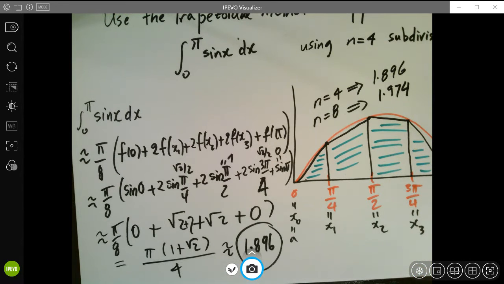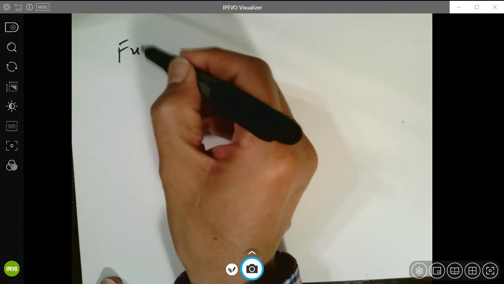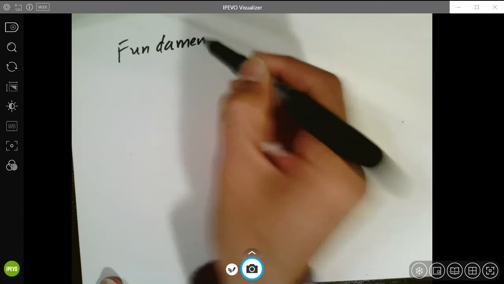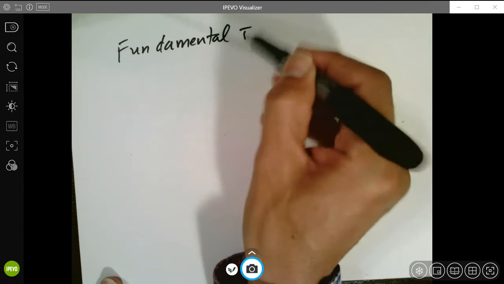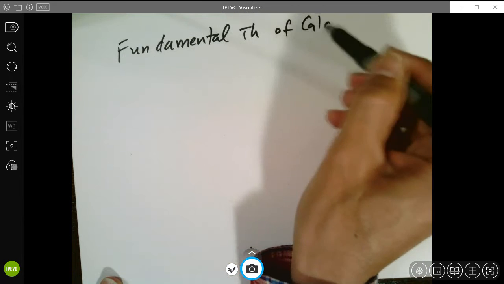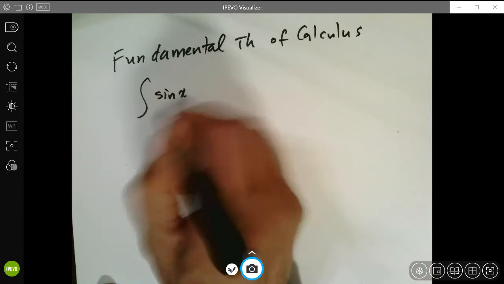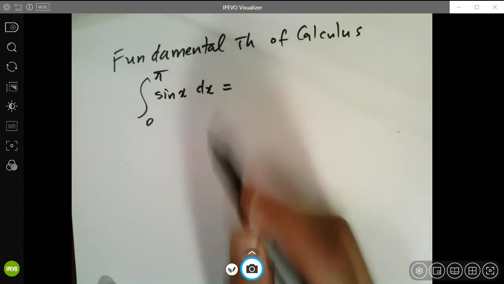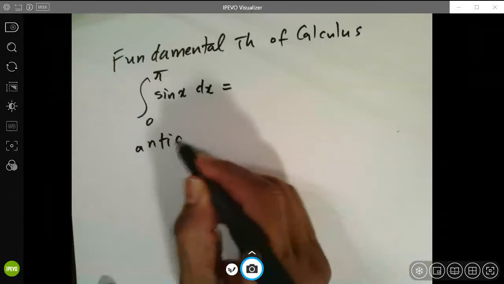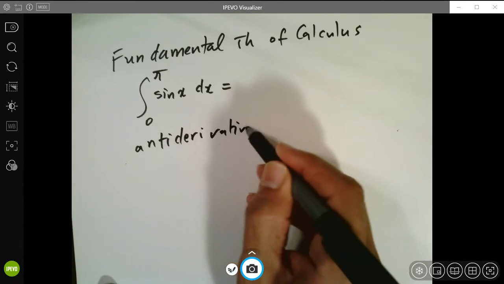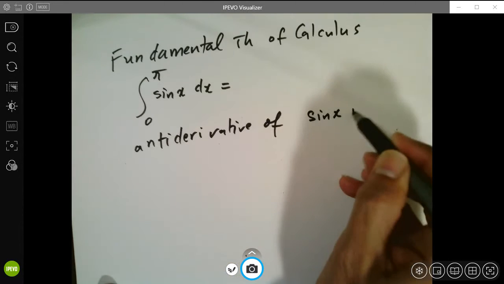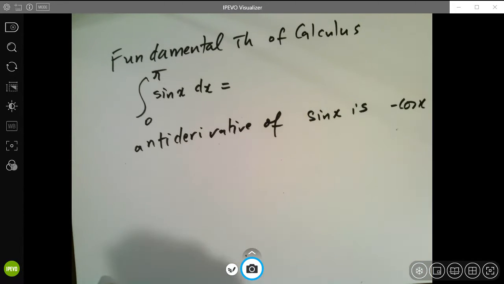Actually, what is the exact value? If you remember from the fundamental theorem of calculus, I need to find the antiderivative. It is minus cosine x, okay?